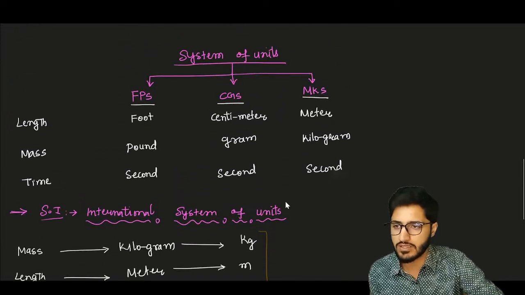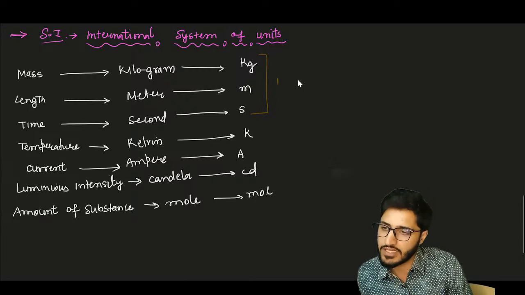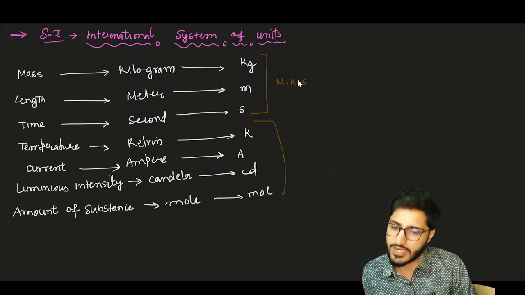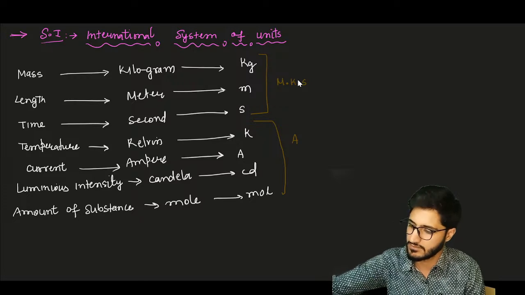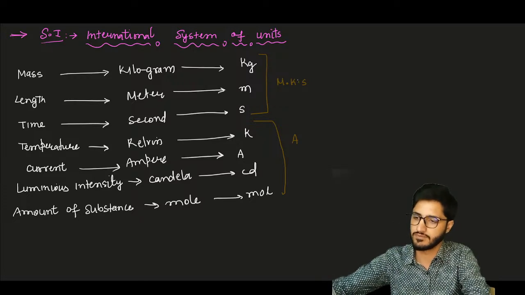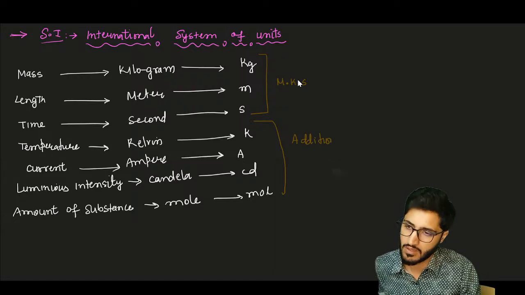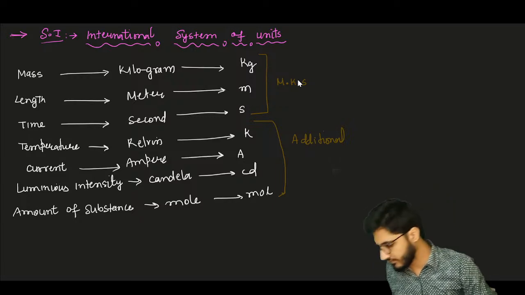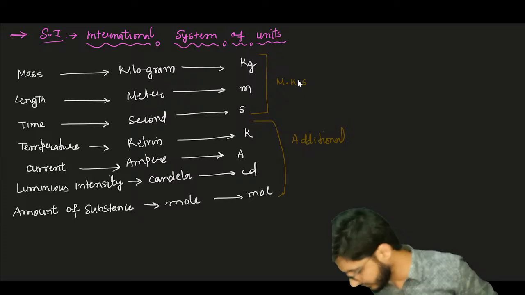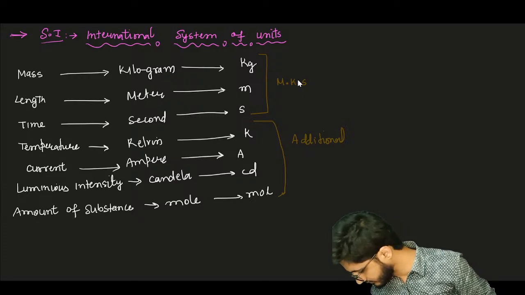So we had the third type of unit, MKS, and we need to write it as MKS, and these four are additional.